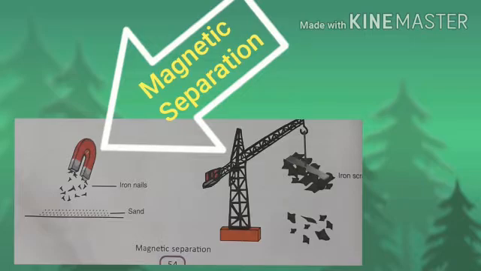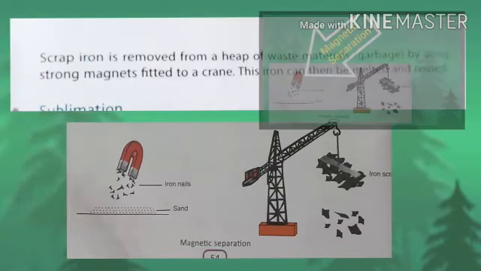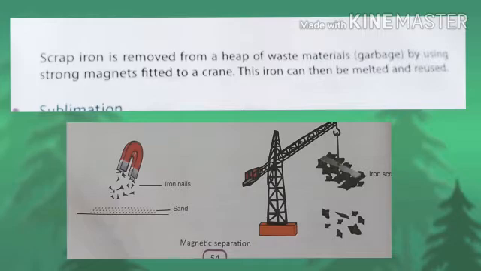This is a magnetic crane which is used to collect all the scrap iron. Scrap iron, what is scrap iron? Scrap iron is the leftover iron from our houses which reached up to the heaps of garbage there.